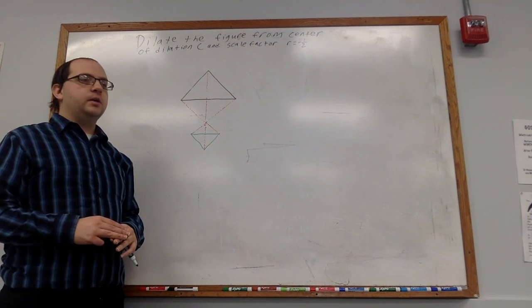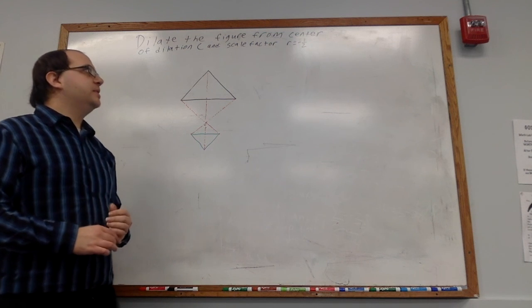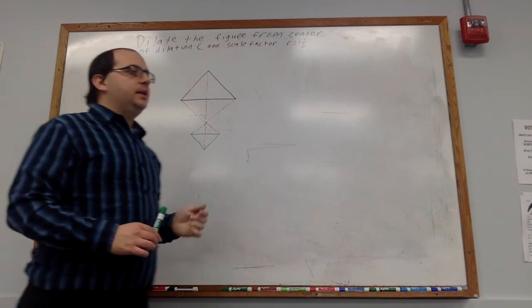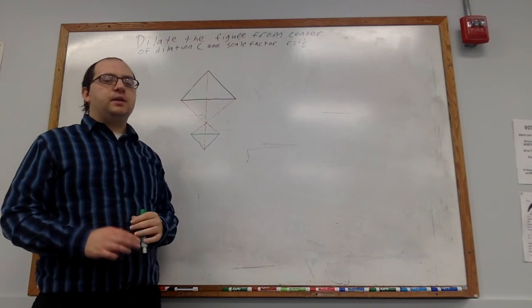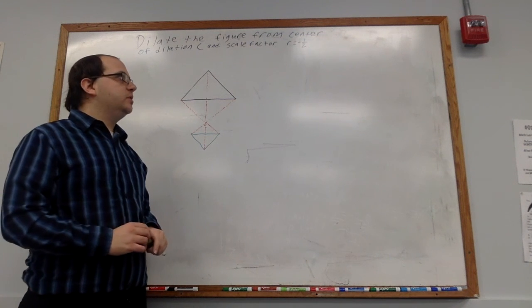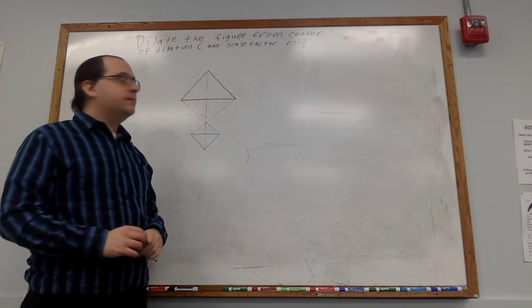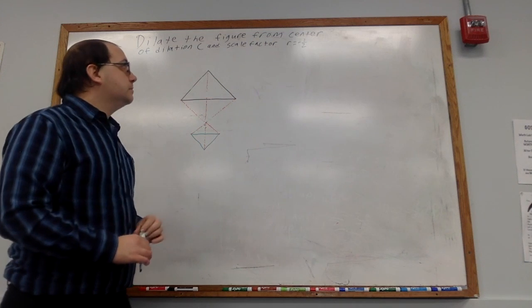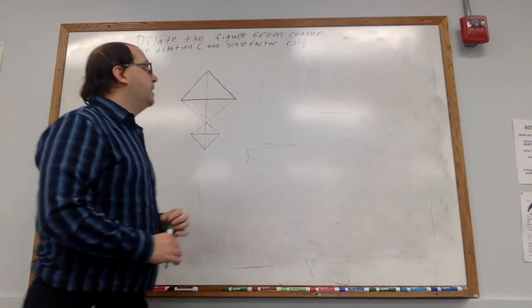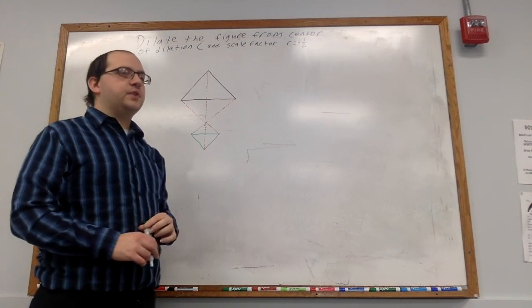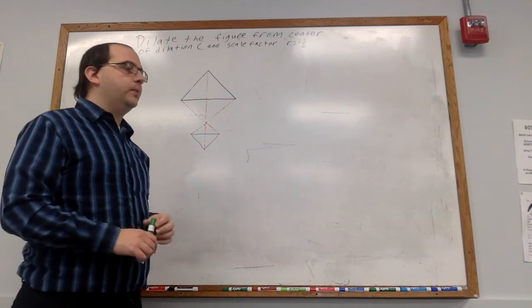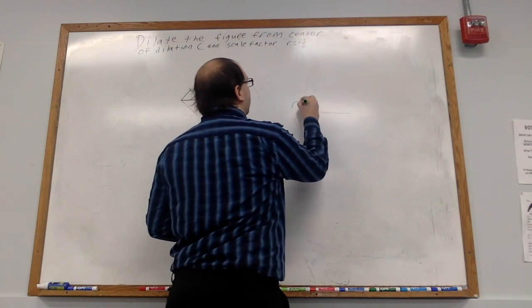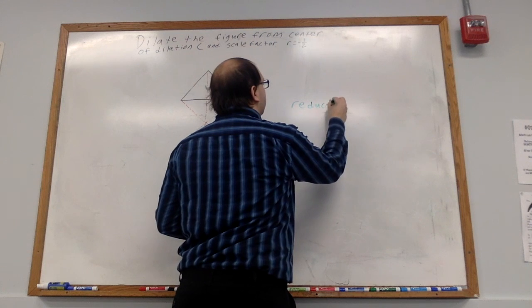If it equals 1, then it's still congruent. So if it said r equals -1, even though it actually would move this time, it would still be congruent. The figure wouldn't change size. So in this case, we have r equals -1/2. So 1/2 is between 0 and 1. So it's a reduction.